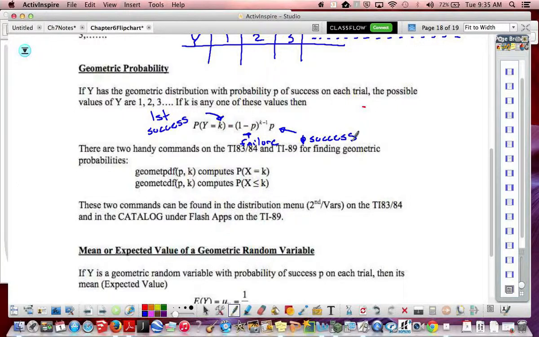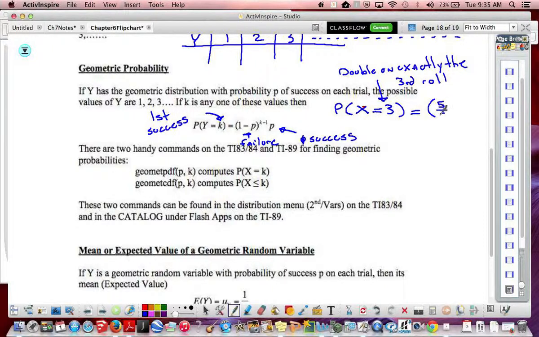For instance, if I want to get doubles on exactly the third roll, what has to happen is I have to fail.